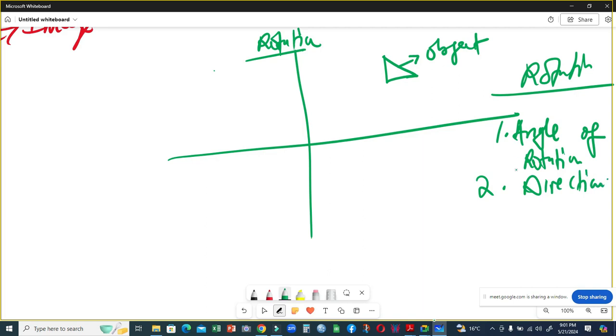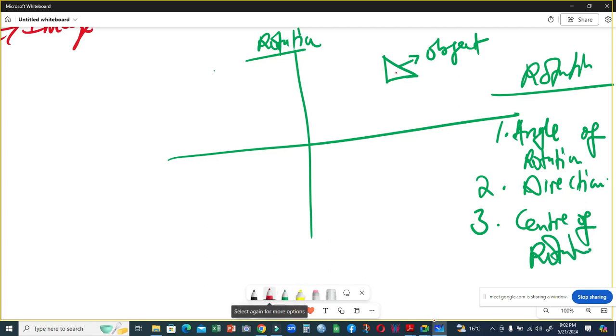In fact, these are the two main ones that we are supposed to know. Then the other one is the center of rotation. So now, in an instance where you have been given this to be an object, then for example, the origin is the center of rotation. And the angle of rotation, for example, is 180 degrees.